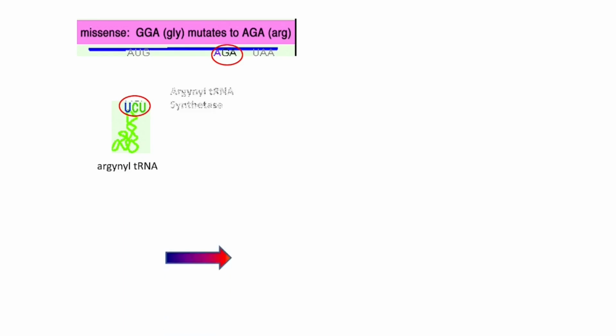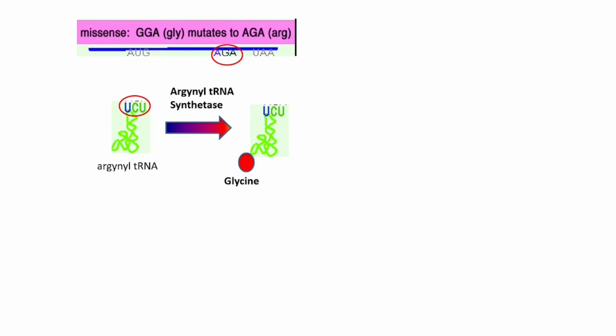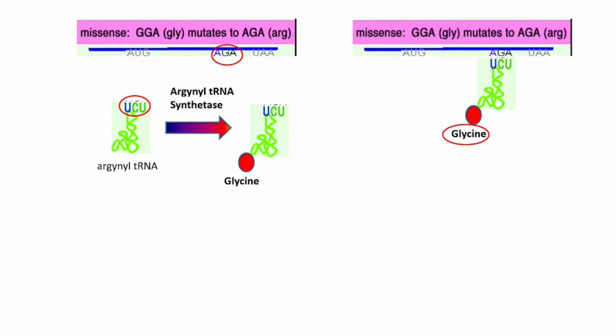A mutation in arginyl tRNA synthetase occurs such that it correctly recognizes its cognate tRNA but charges the tRNA with glycine instead of arginine. This arginyl tRNA loaded with glycine will read the AGA codon and incorporate glycine, suppressing the missense mutation.